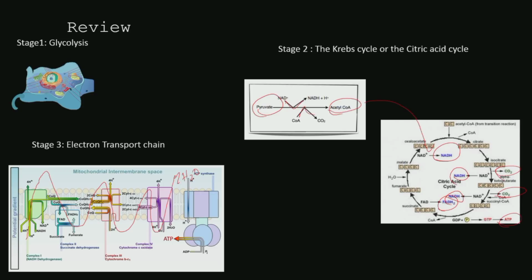Why we need oxygen is because without oxygen we would not have a final electron acceptor, and the electrons would have no place to go. Without oxygen it will just back up all the process in the electron transport chain. Then it'll back up the Krebs cycle, and then that will back up the glycolysis.